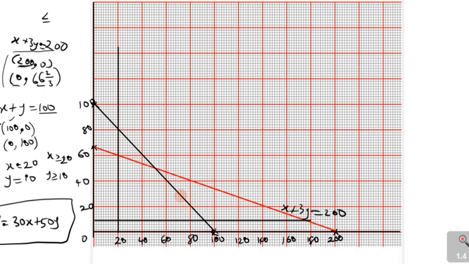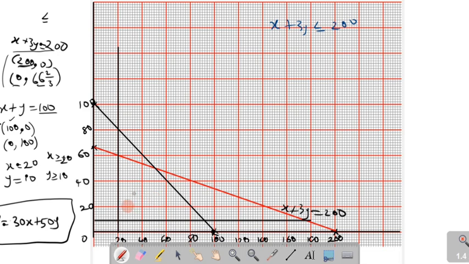Okay. So for these lines, for this line, we are going to shade all of this. I'm going to shade the part that is not required. Remember that the first equation was x plus 3y is less than or equal to 200.